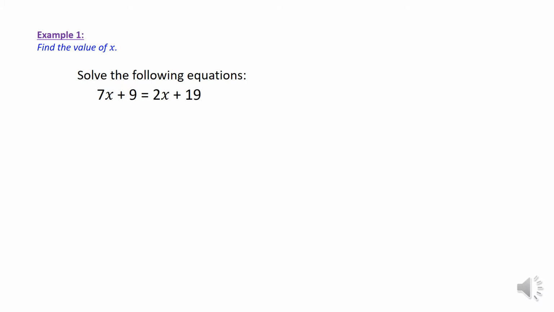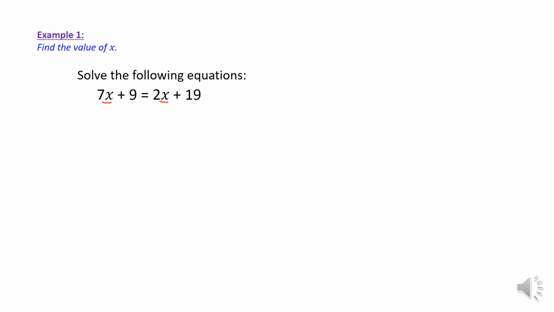First example. In this example we have an x on both sides and we need to find out what number x represents. To go about solving this equation, the first thing I need to do is say to myself, which side has the least amount of x's?